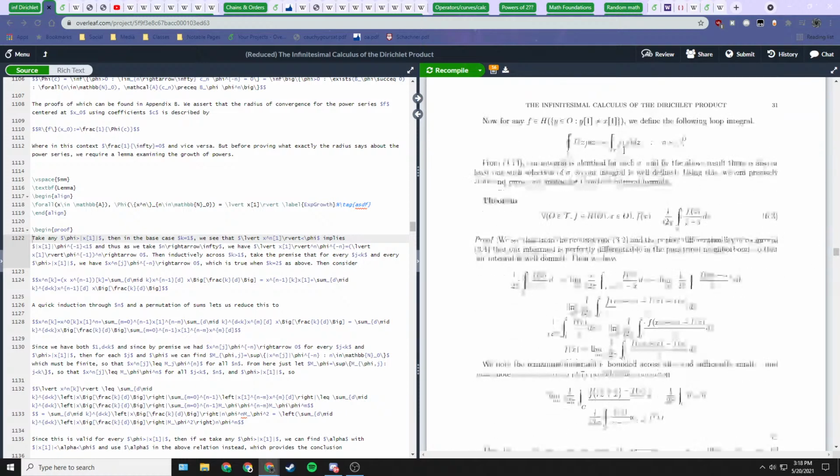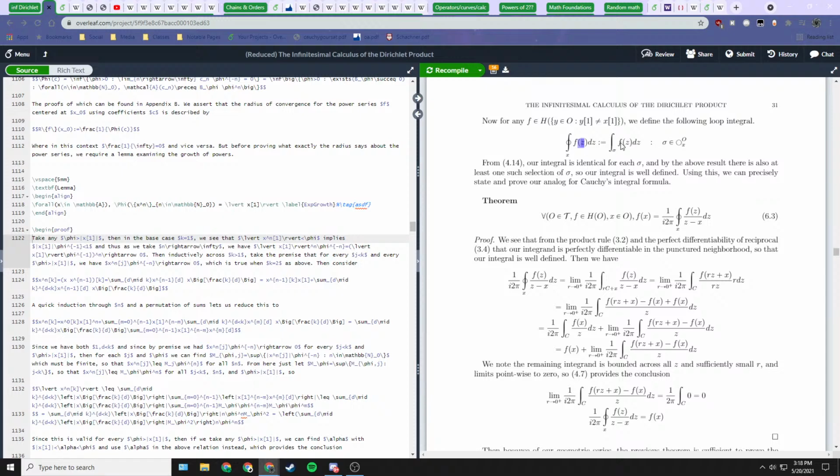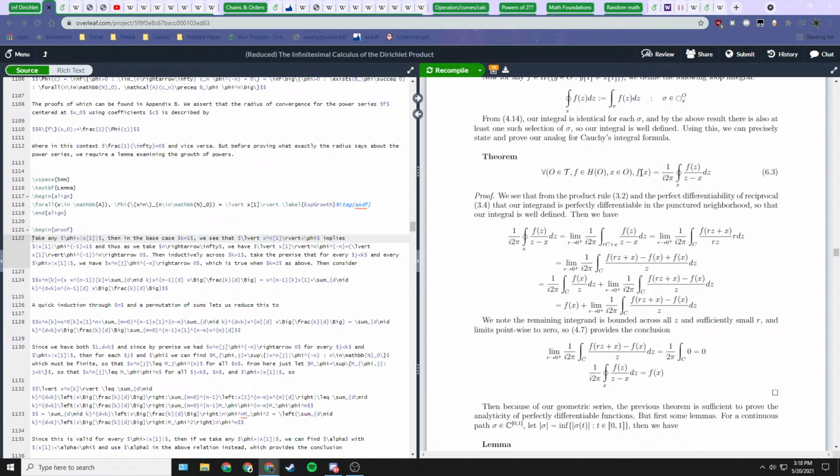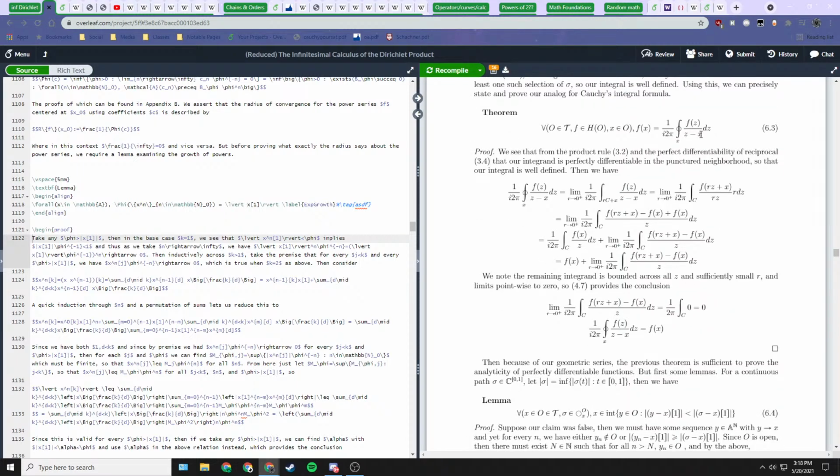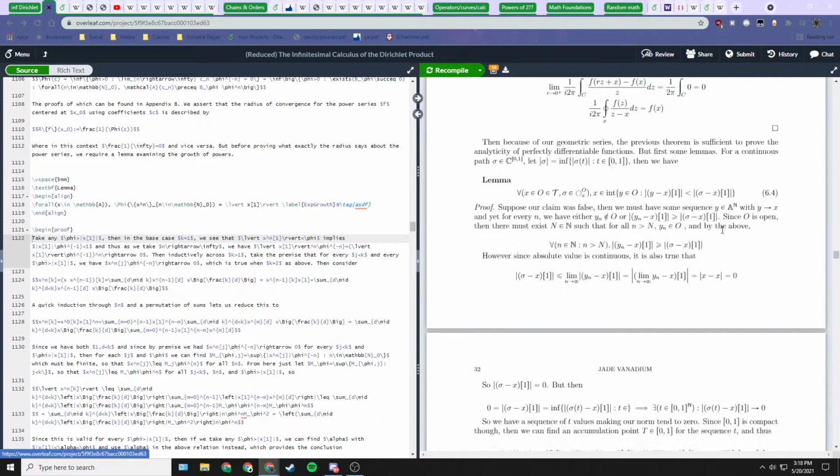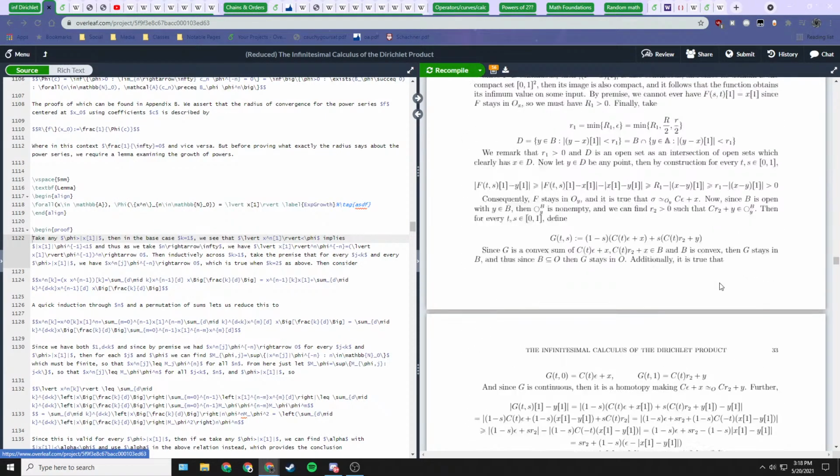We just prove, hey, if you have a differentiable function, then you can do these loop integrals, and they just sort of zero out. Or if you do these loop integrals divided by this singularity, you just get the function back, which is interesting. And yeah, it just progresses like that. It's very interesting.